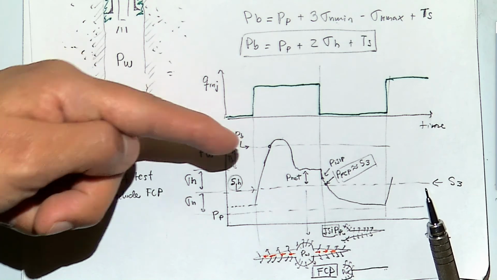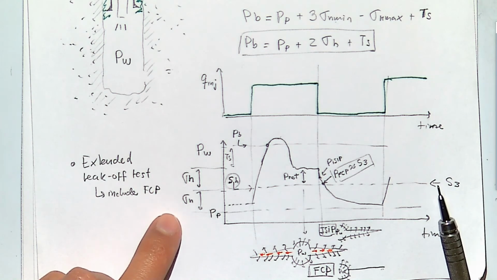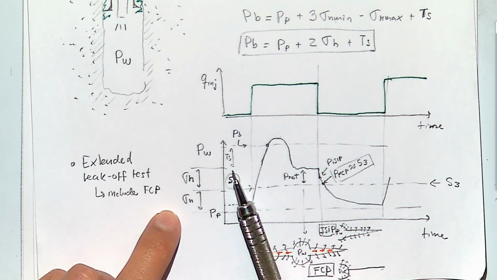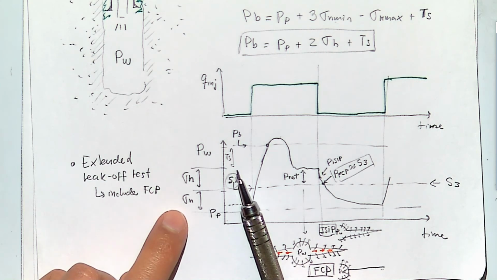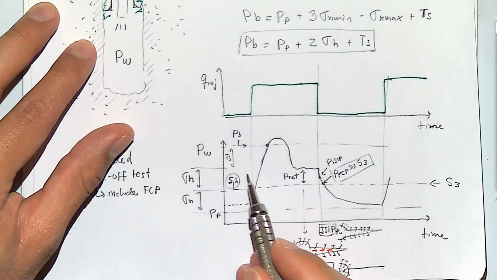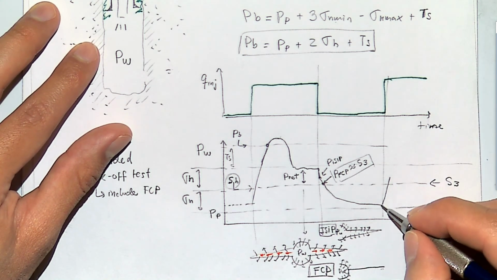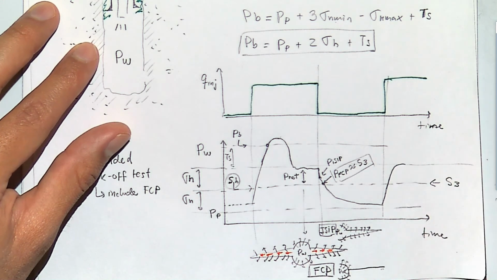Because it's already fractured. And if it's already fractured, what don't we have anymore? Tensile strength. Now we have fractured the wall. We cannot count on the tensile strength of the rock anymore. So in this case, it's not going to go over that maximum value.